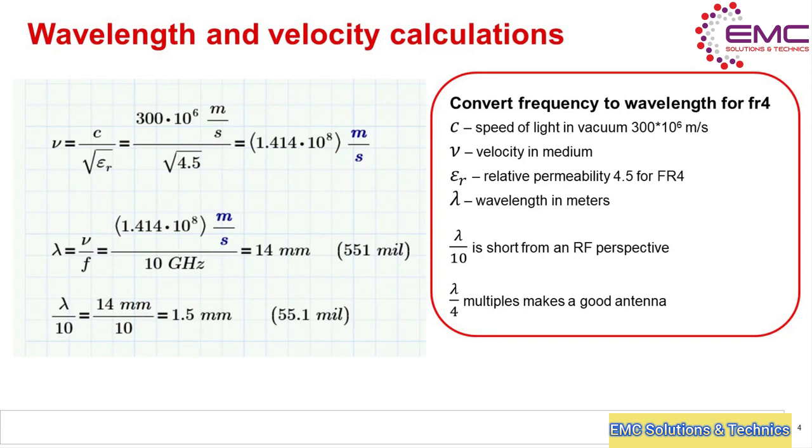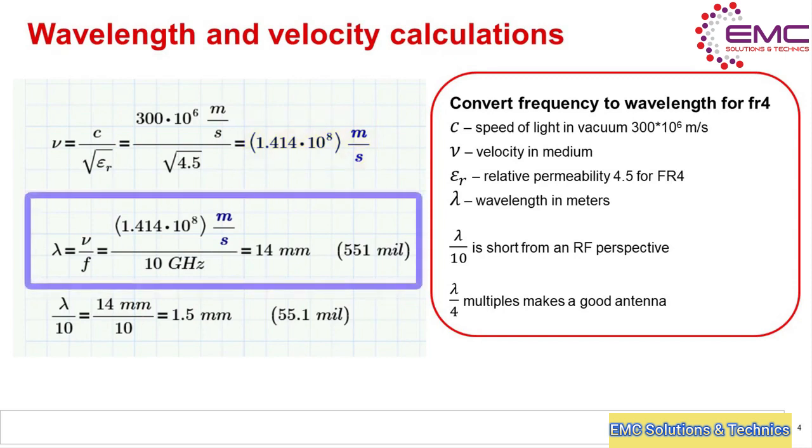In any case, applying the equation for FR4 dielectric, the velocity is 1.414 times 10 to the 8th meters per second. The wavelength of an electromagnetic signal is determined by dividing the velocity by the applied frequency. So for a 10 GHz signal, the wavelength is 14 millimeters.